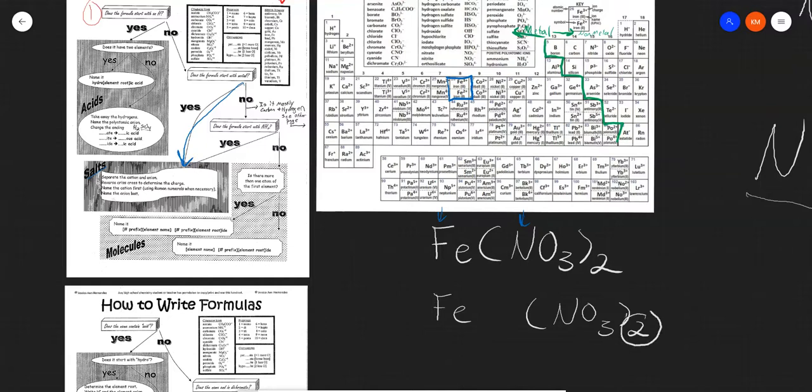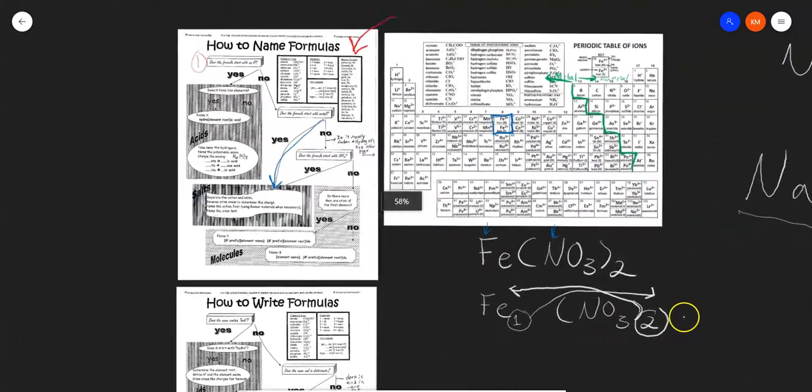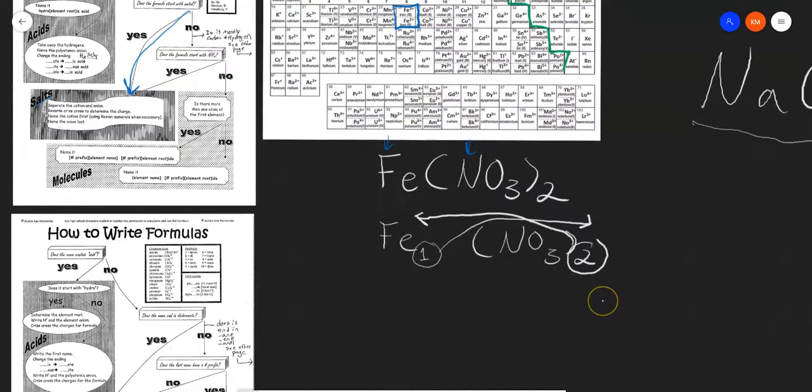Okay. Now we're going to do the reverse crisscross. So this goes here, and the imaginary one here goes there. And so I end up with Fe 2 plus and NO3 1 minus. Now I find these on my ion chart. So Fe2 plus. I found iron, it's right here.